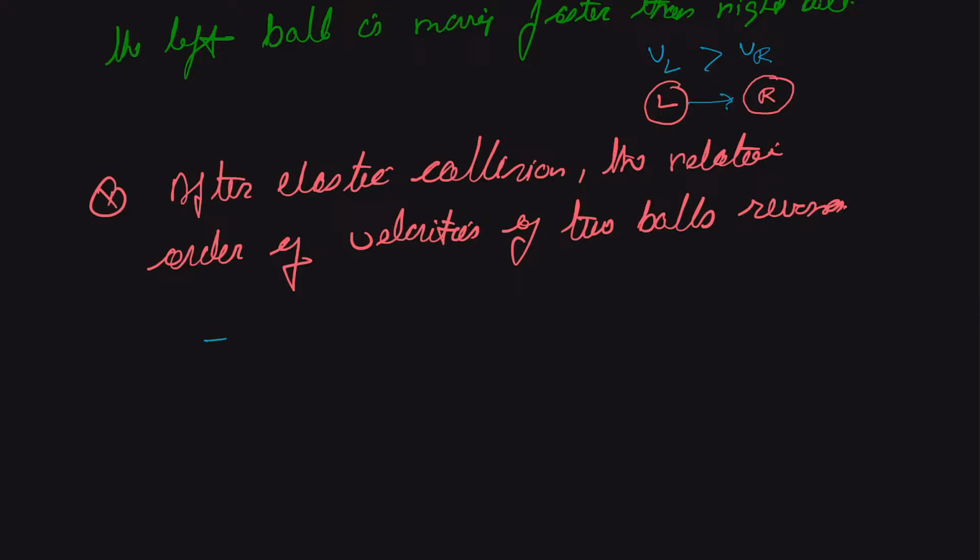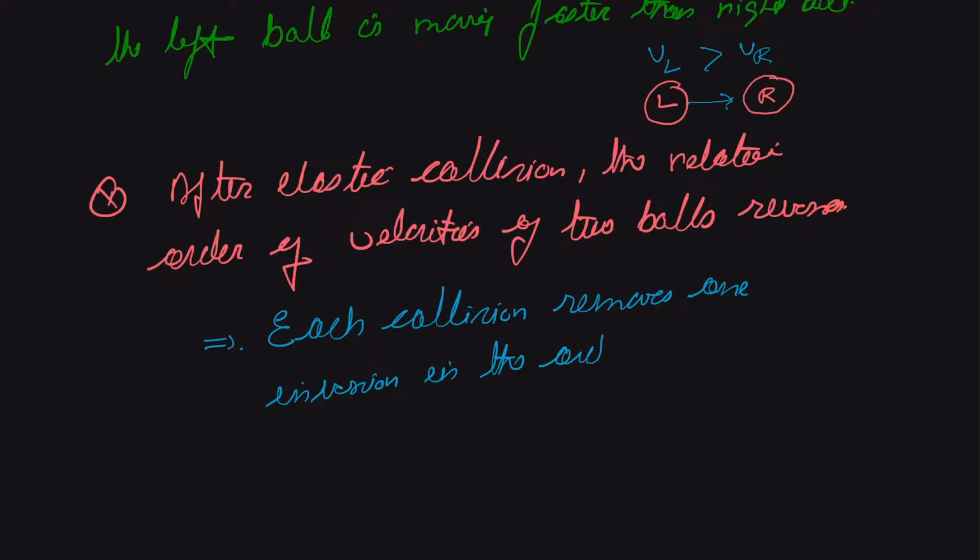So from here we can draw a conclusion that each collision removes one inversion in the ordering of the velocity.